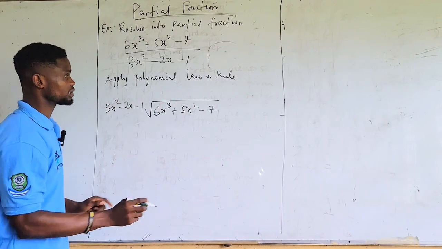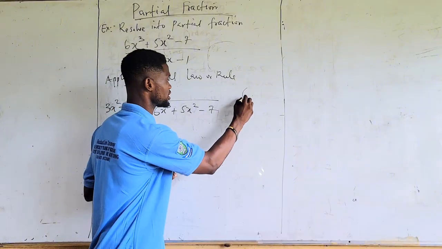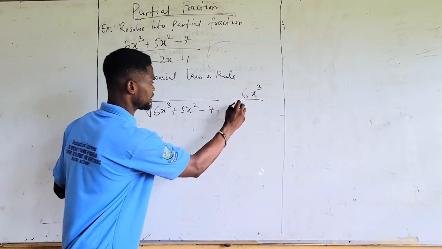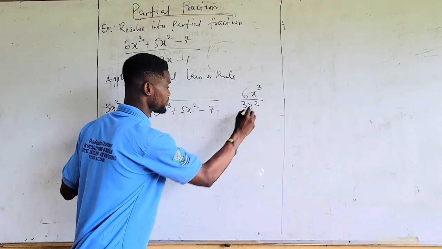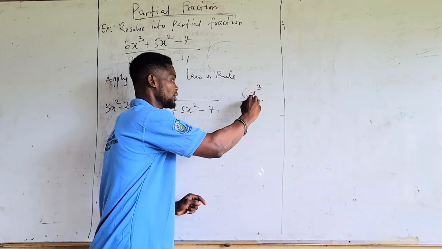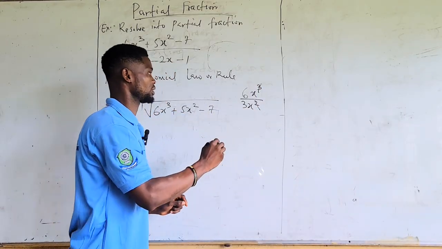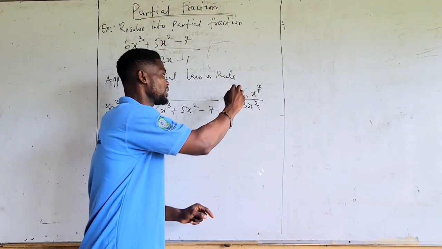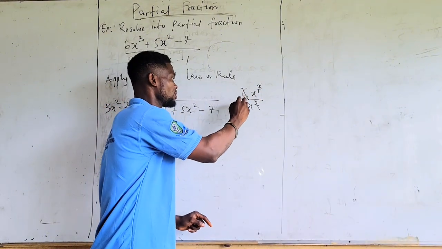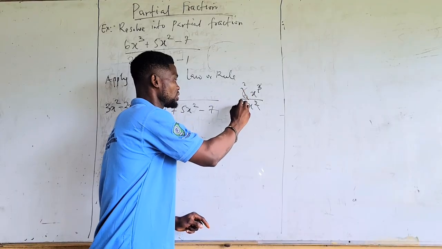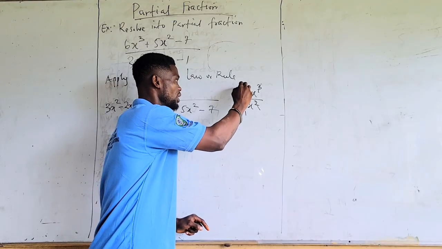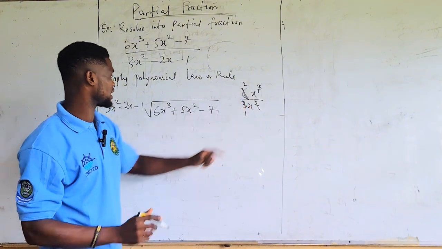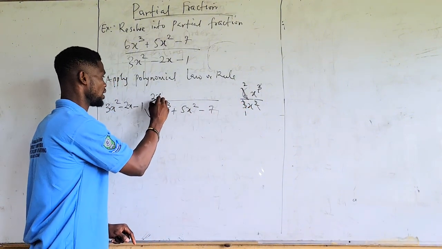If you have 6x cube divided by 3x square, this one can cancel this one. We will have only one x, while 6 divided by 3 is 2. So we have 2 times x, that is 2x.